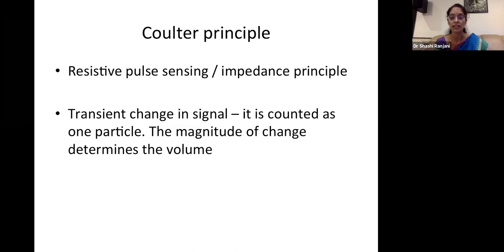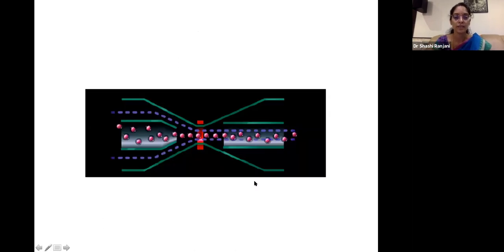So the more the change in the electrical impulse, the bigger the size of the cell. So this is the electrical field, and these are the cells which pass through it. When one cell passes through it, there's a change in signal, and that is read as one cell.